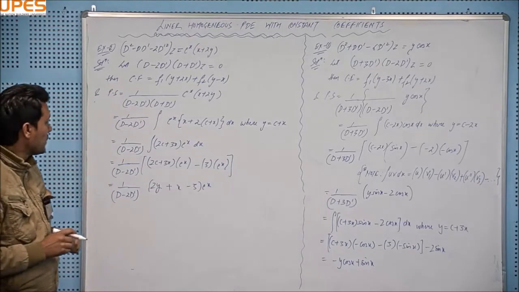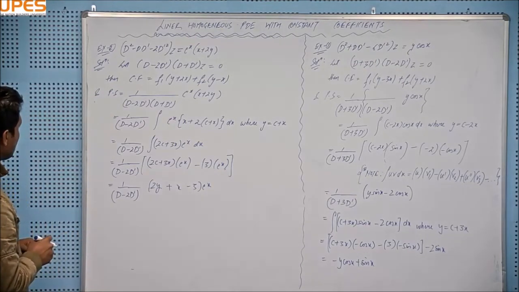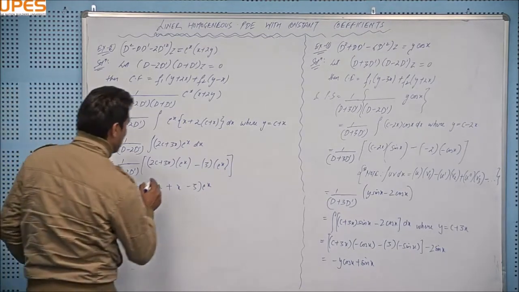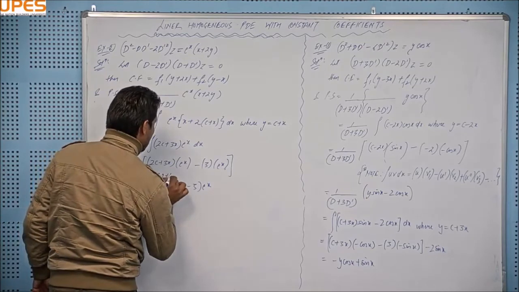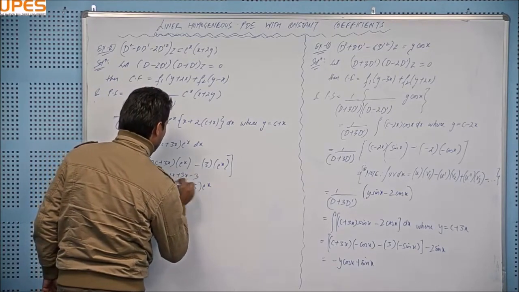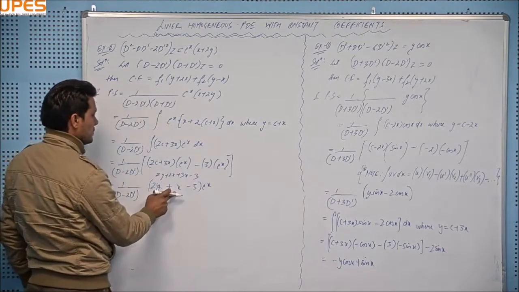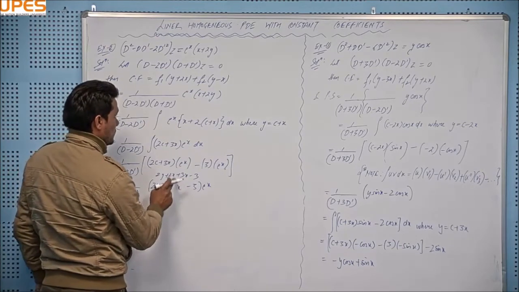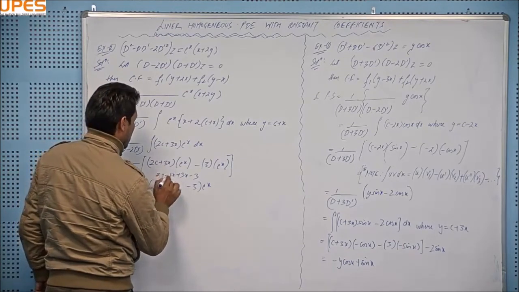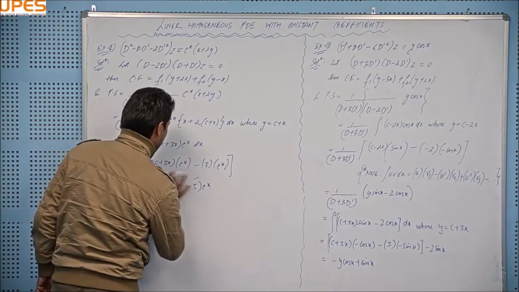Now what should I do? 2c plus 3x minus 3: 2c is 2y plus 2x, plus 3x minus 3. I think it should be 5x, no? No, 2c, c is equal to y minus x. No, it is correct, fine.